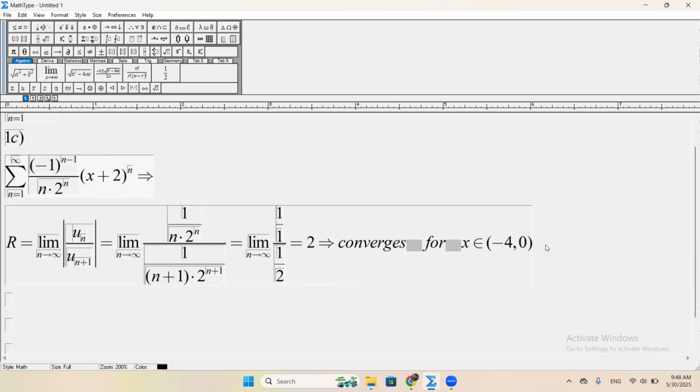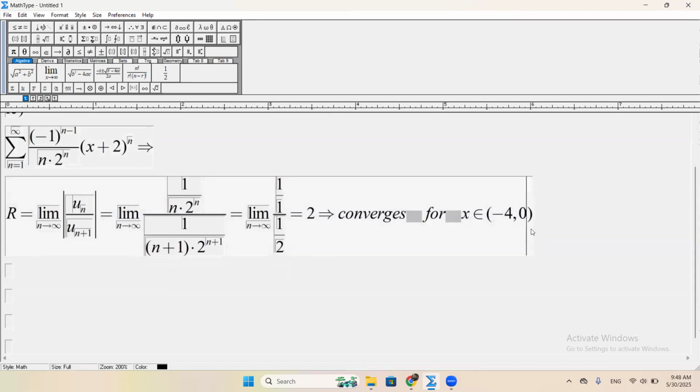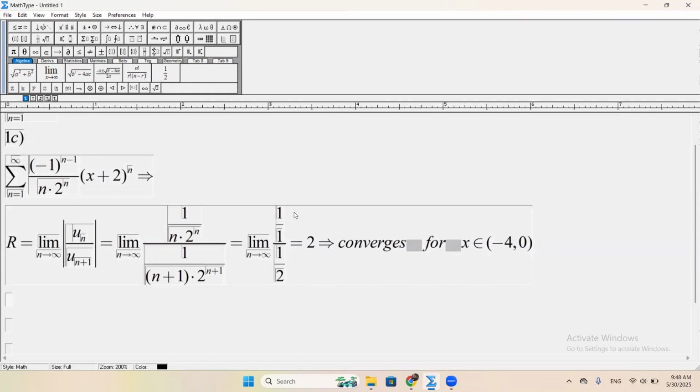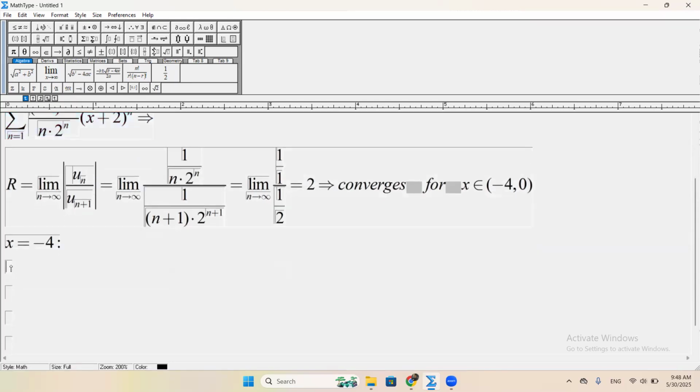So any questions about this case? No. Okay, if no questions, let's continue investigating. So for x equals -4. When x equals -4, let's write down the series.